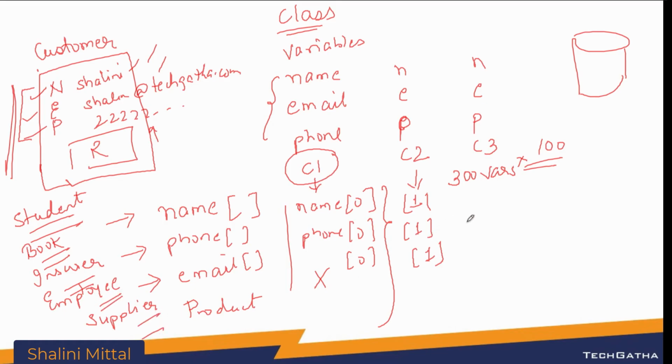I can say, for example, class student. In this class student, I will store information for students like the student ID, student name, student phone, student email, and so on and so forth.